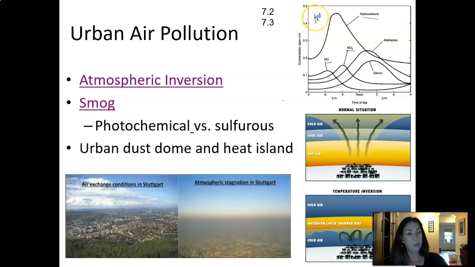In the morning, a lot of people are all going to work at about the same time, and so that is the release of the precursors. And then the powerful sunlight in midday is what allows our ozone to start to form. So this is our ozone curve right here. It will start to form once the precursors are in place and then the sunlight is added. So that's why we see that variation of ozone throughout the day.